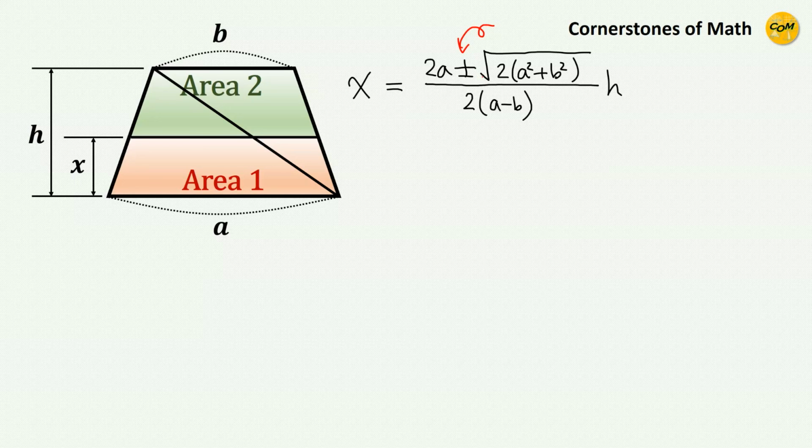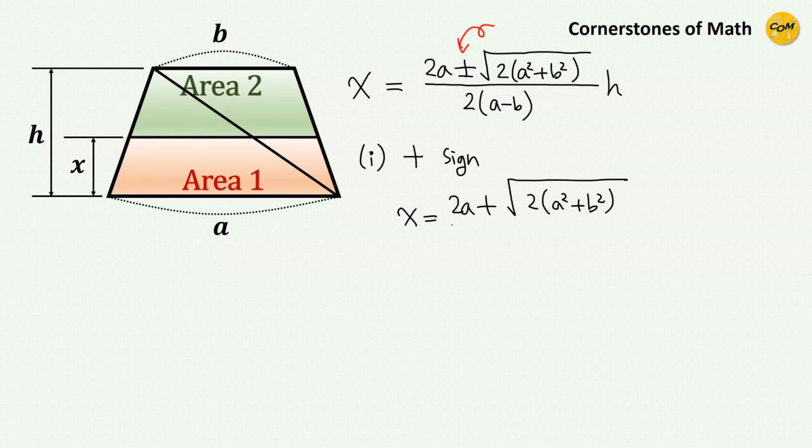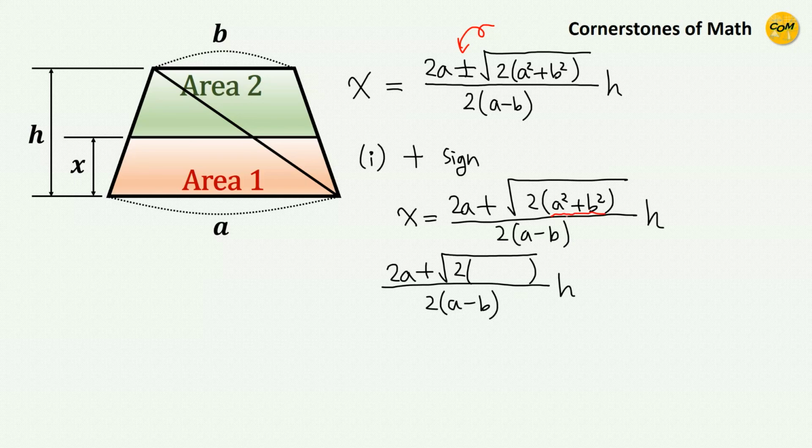Let's consider the plus sign first. If we take the plus sign, it gives x equals 2a plus square root of 2a squared plus b squared divided by 2a minus b times h. Here, this a squared plus b squared is greater than b squared plus b squared.